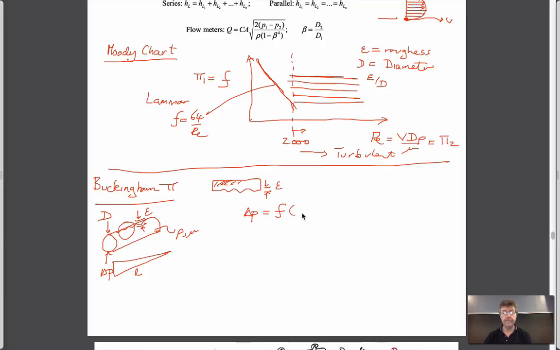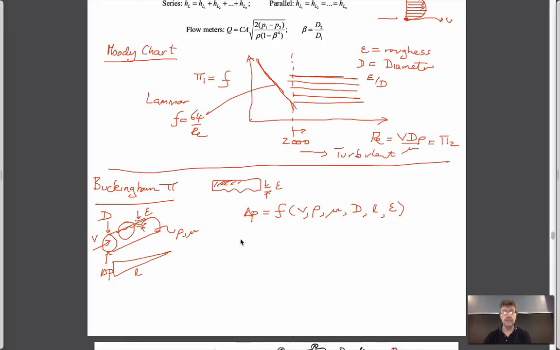We have a velocity, which is really describing the system. We had material properties of density and of viscosity. We have a diameter of the pipe. We have a length of the pipe.